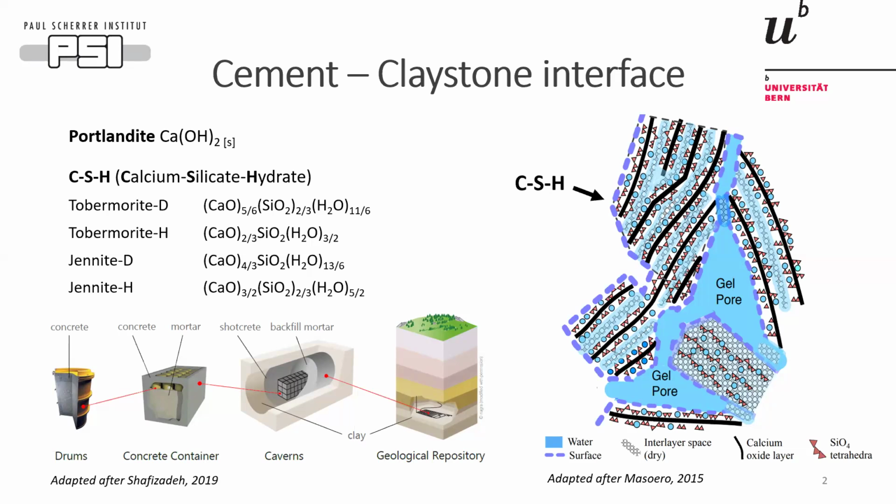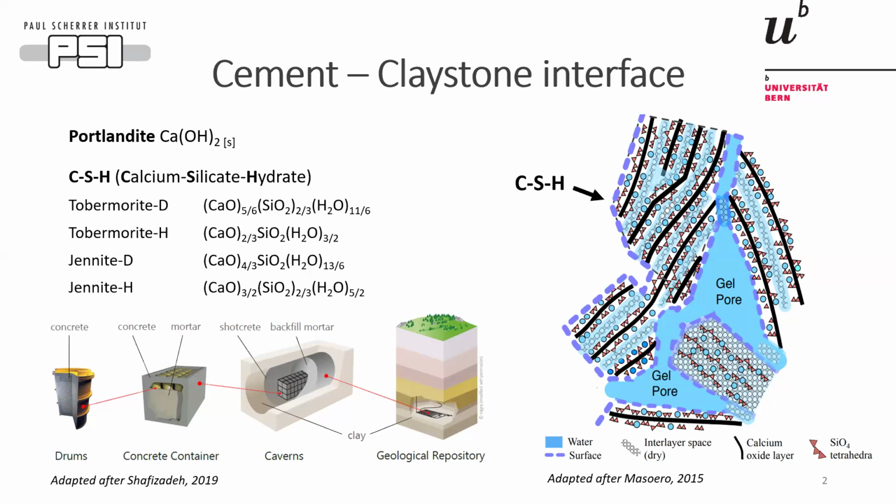It can consist of different ratios of the composition, which can be constituted as a solid solution of 4 different end members called tobermorite D, H, and jennite D, H. An important characteristic of CSH is its interlayer porosity with values up to 30%, depending on the solid solution state.